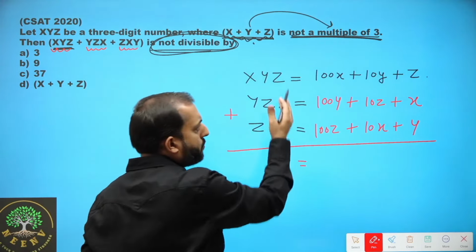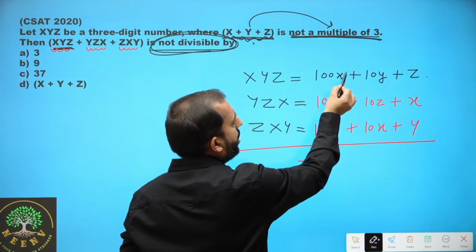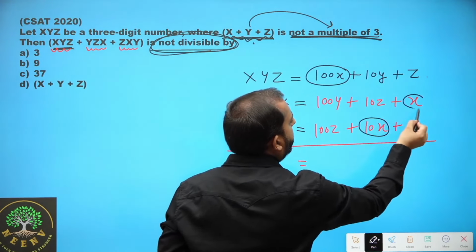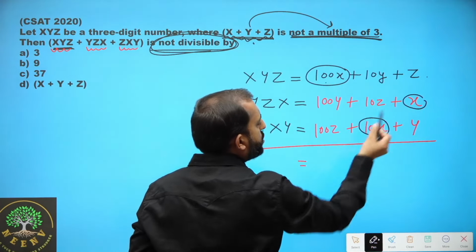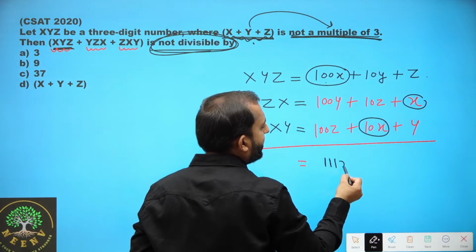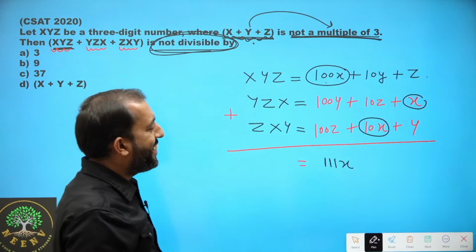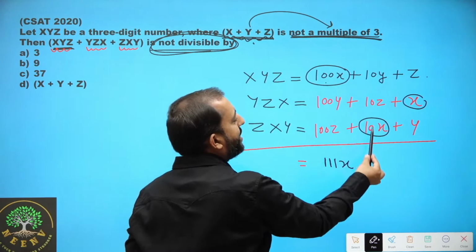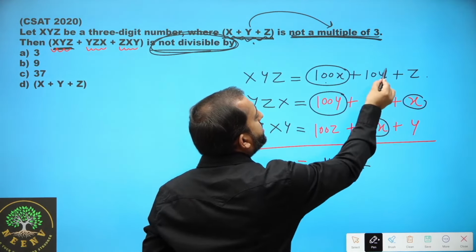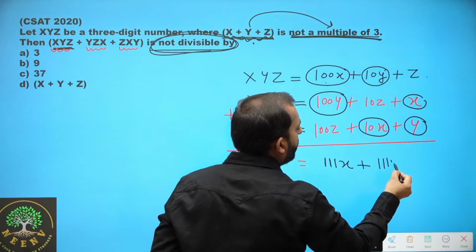So the sum of all these 3 numbers should be equal to 100x plus 10x plus x. 100 plus 10 plus 1, it becomes 111x. Yes or no? Right? 100 plus 10 plus 1. Next, 100y plus 10y plus 1y, 111y.